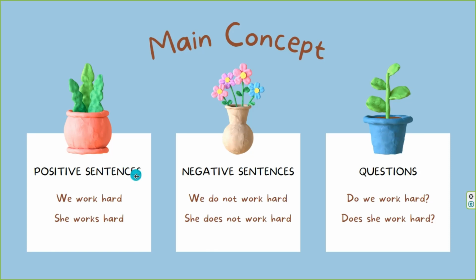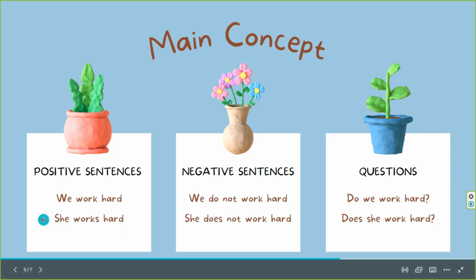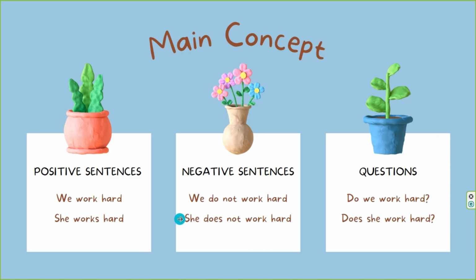So the negative sentences will be as follows. If the positive is we work hard, the negative will be we do not work hard. This is the way you deny, this is the way you make it negative. We do not work hard. Okay? If the positive sentence is she works hard, the negative one will be she does not work hard.